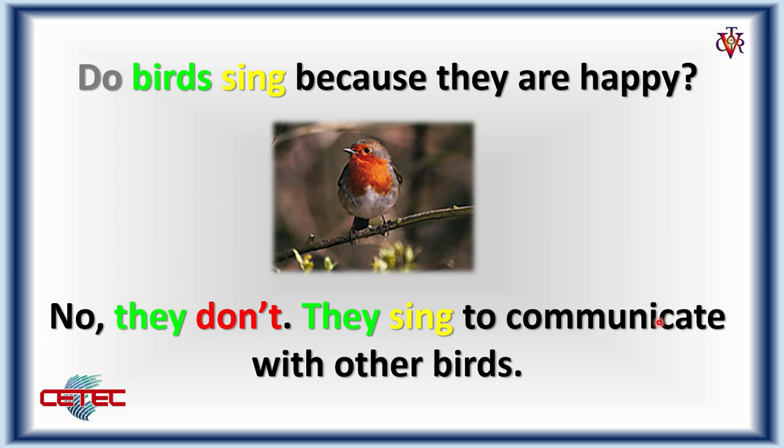They sing to communicate with other birds. Now, when we mention birds, it's plural, so we are talking about more than two. And here, the verb is in simple form, sing. So we have to be careful how we create a sentence.